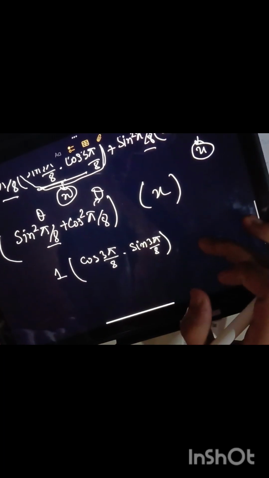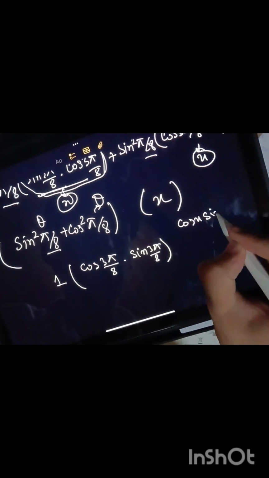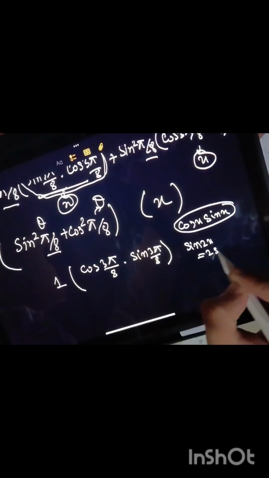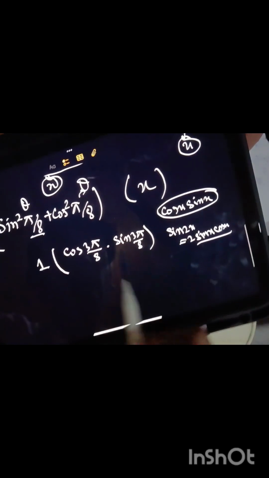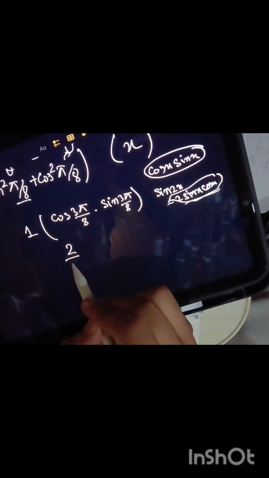Now the question arises: this is basically cos x sin x, but as you know the sine 2x formula is 2 sin x cos x. So I have to make it something like this. One thing that strikes in my mind is that I can multiply and divide by 2.